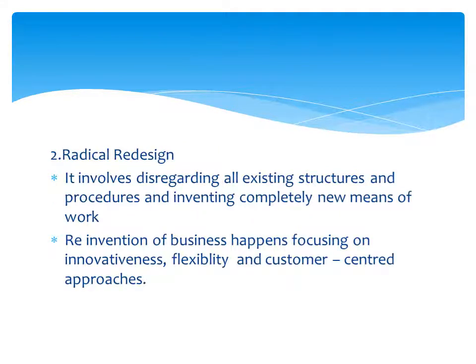Next point, that is radical redesigning. It involves disregarding all existing structures and procedures and inventing completely new means of work. Okay, so here what is done is actually we are having some old techniques being adopted in the business. For example, old machineries or old manufacturing techniques are being adopted in a factory.